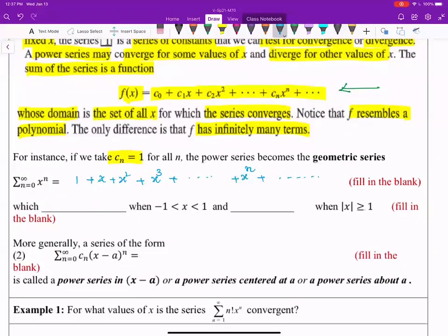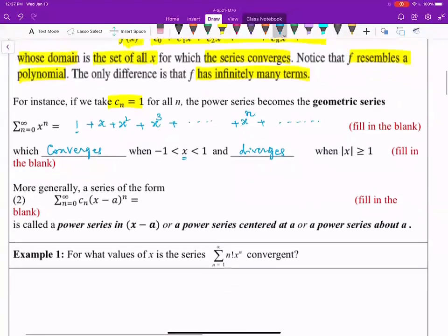This is definitely a geometric series, because its starting term is 1 and the common ratio is x. A geometric series converges when the common ratio lies between -1 and 1, and diverges when absolute x is greater than or equal to 1, which means when x is more than 1 or less than -1, or equal to 1, it is divergent.